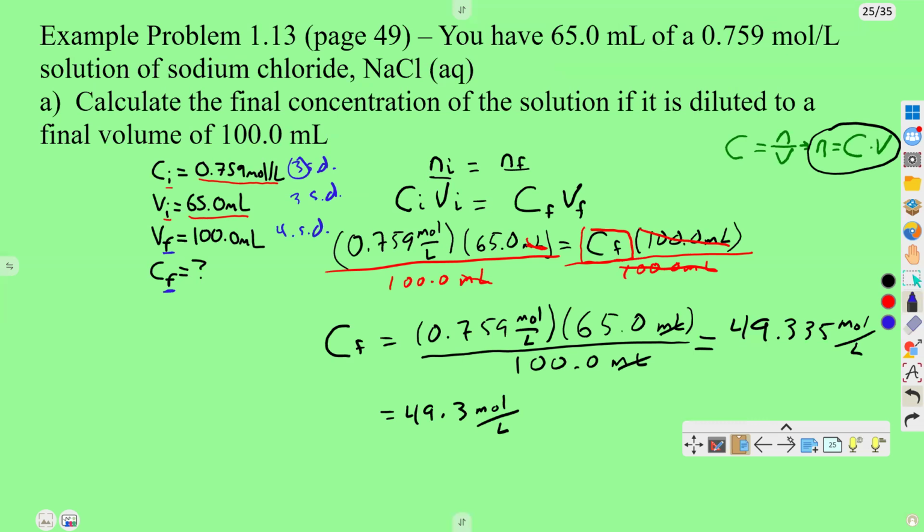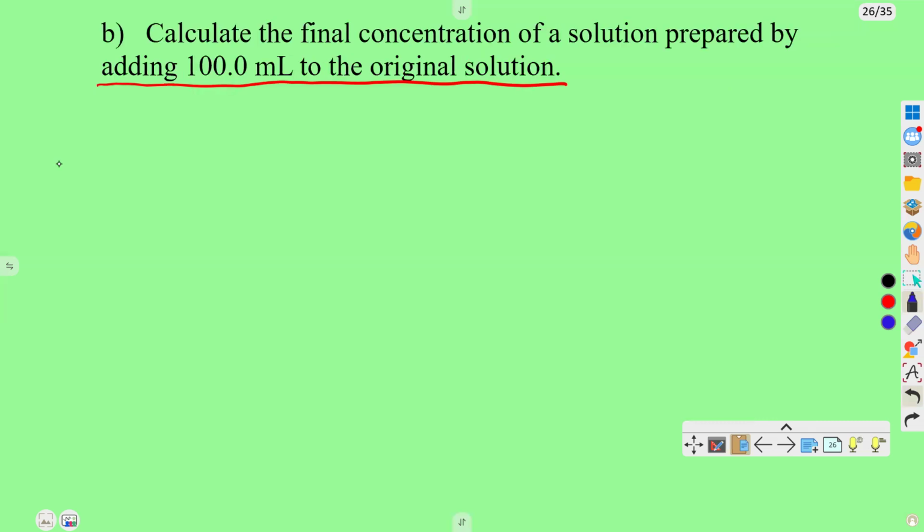So we're not adding 100 milliliters, we're bringing the volume up to 100 milliliters. So that means to find our final volume, it's going to be the initial volume added to 100.